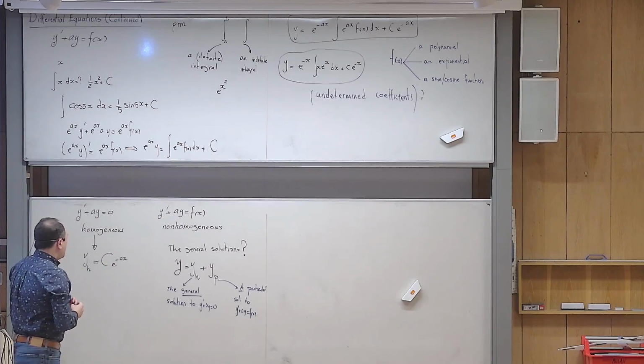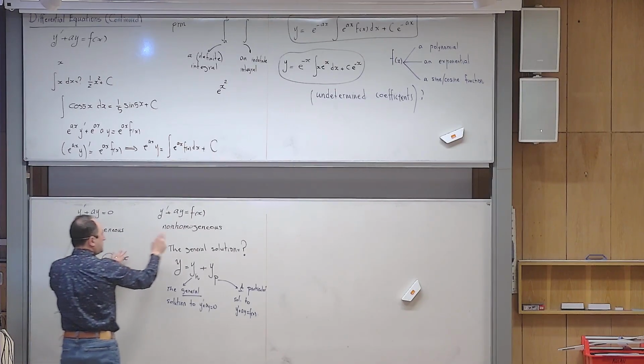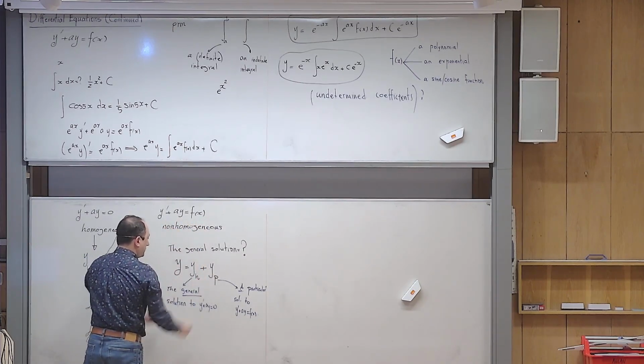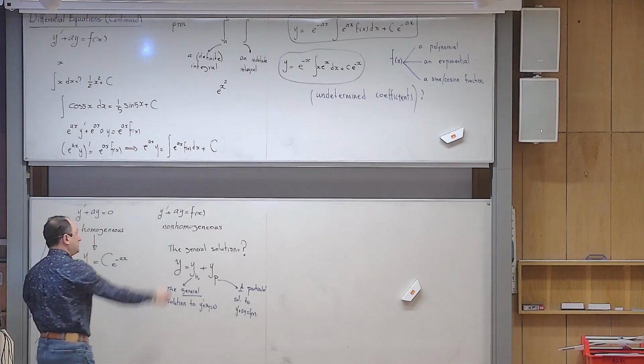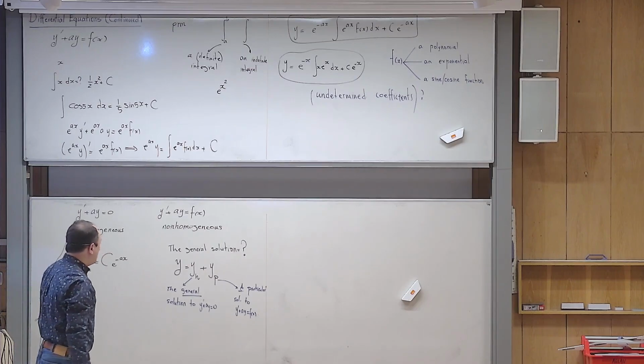Yes? Okay, and then you just find a particular solution to the differential equation and add them up. What you get is the general solution of this differential equation that you're looking for. That's the claim. Okay, why do you think it's true?